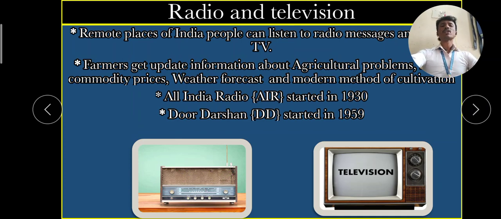Then Doordarshan started in 1959, DD. Nowadays the government provides important education-oriented programs like Samveda, etc., through Doordarshan only, DD. It was started in 1959. So this is about radio and television.